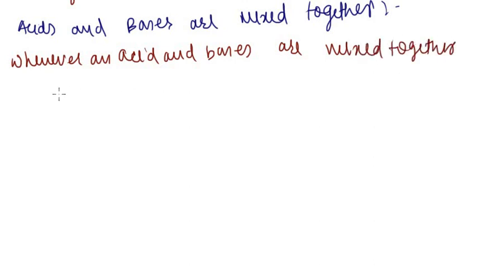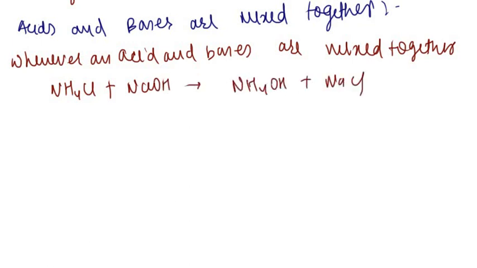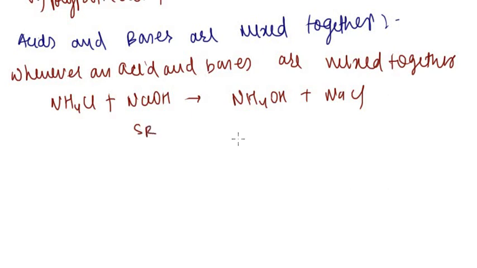First of all, we have to write the equation. Like NH4Cl reacts with a strong base like NaOH. First of all, we have to write the reaction of what is happening. It will form NH4OH plus NaCl. Here NaOH is a strong base and it is forming a weak base.